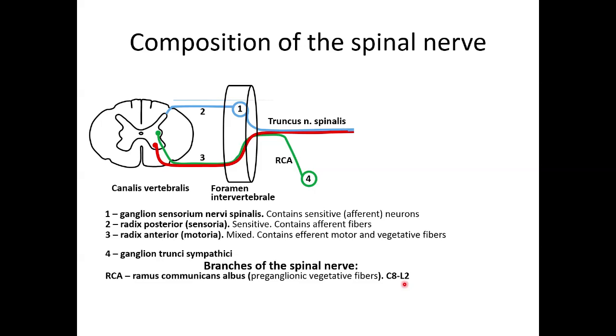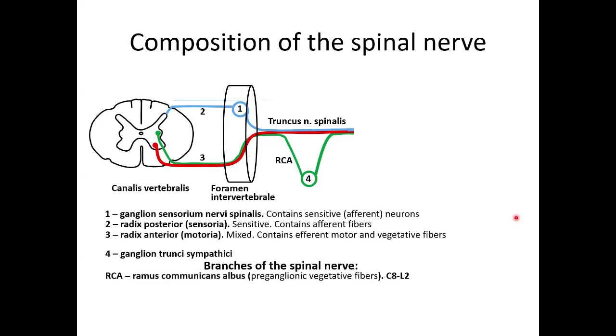We said that there are 3 types of vegetative ganglia. And first of it is ganglia trunci sympatici. Here it is, one of these. So, ramus communicans albus leads to ganglion trunci sympatici.